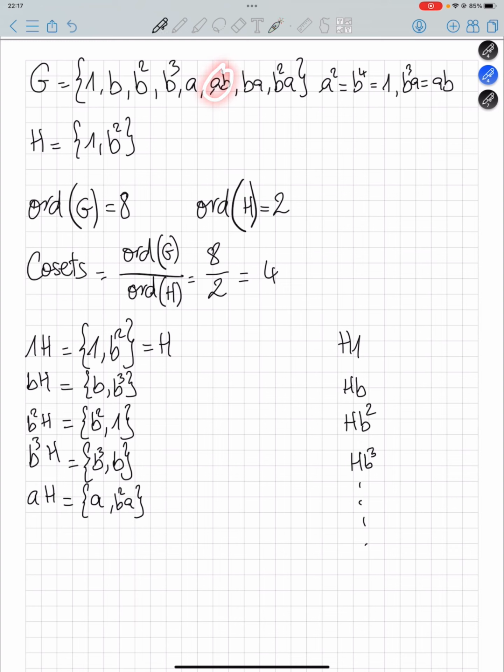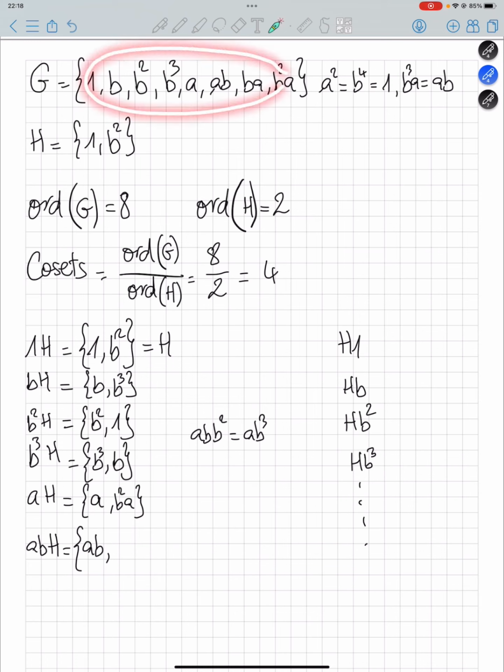So ABH is AB composed with elements of H. So AB identity would be AB, then AB B square. So AB B square would be AB cubed, and AB cubed is not an element in this group, so we have to change it.